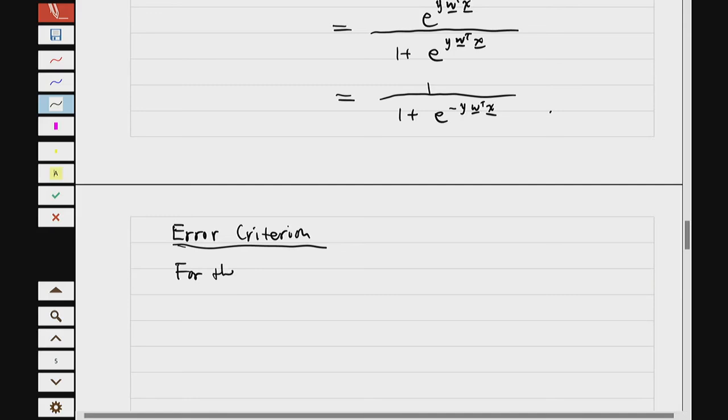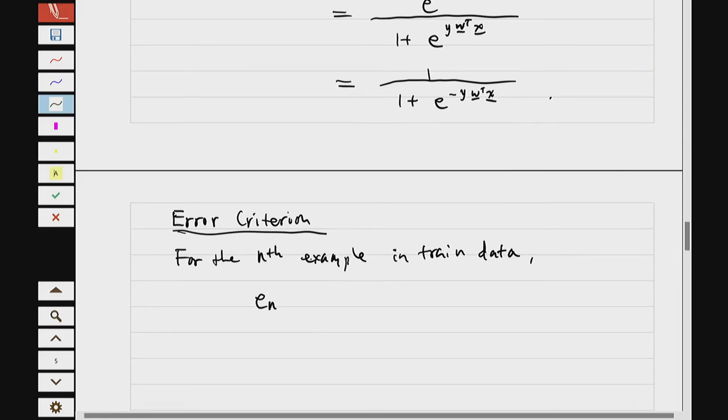Therefore, for the nth example in the training data, of course, later you can also use the same error criterion for testing data as well, it's called E_n. It's of course a function of the choice that you make, which is w. We define a funny-looking error. It's a log of this probability, y_n given x_n, like this.